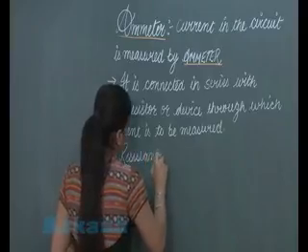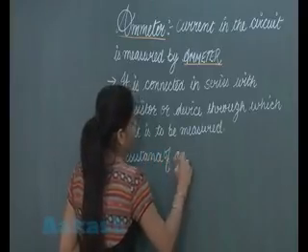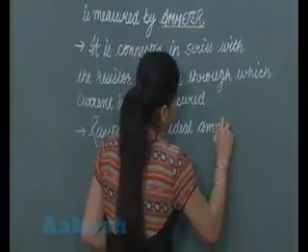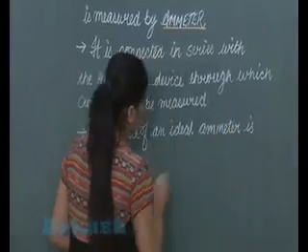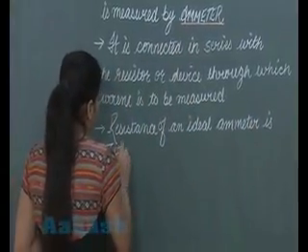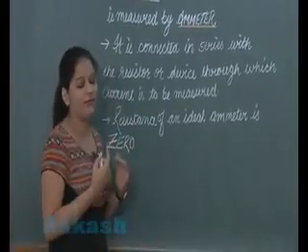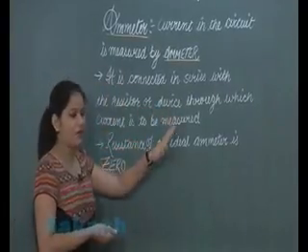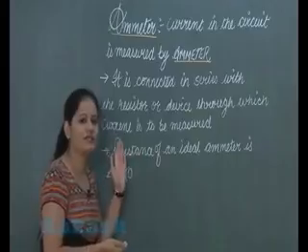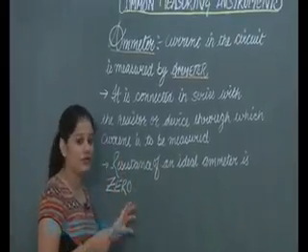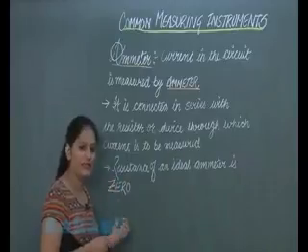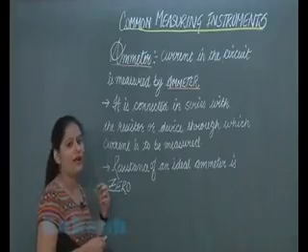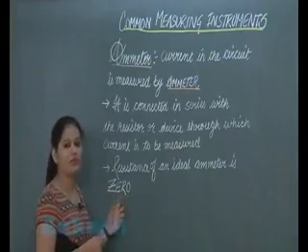Because if an ammeter has resistance, then as it is connected in series, it will add up with the resistance of the circuit, and because of this the current flowing from the circuit will decrease and the ammeter will not give you the accurate reading. So the resistance of an ideal ammeter is 0 and the resistance of an ammeter should be low.